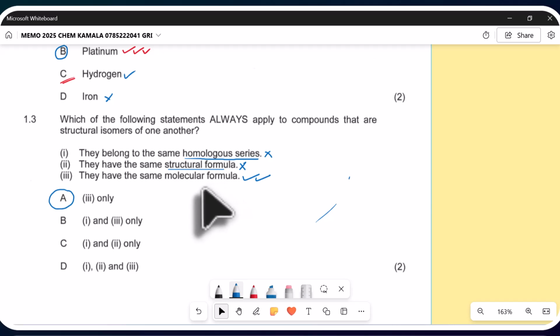Lastly, we have functional isomers, which have the same molecular formula but a different homologous series or different functional groups. So the answer here is A. Hope we are together. Okay, let us proceed.